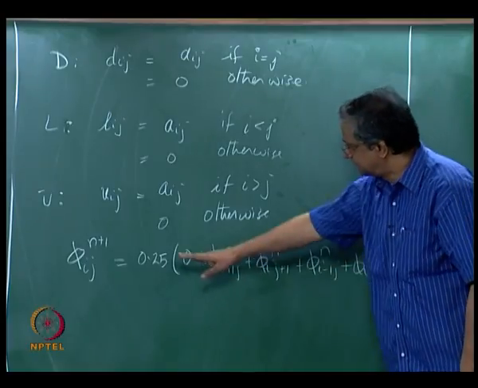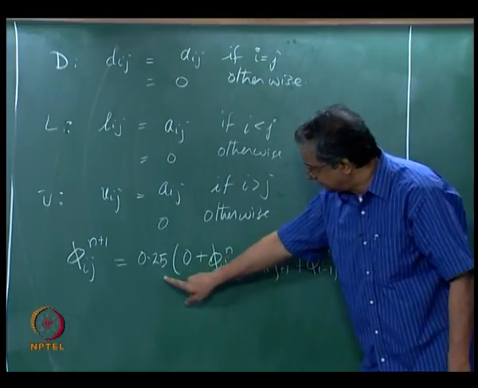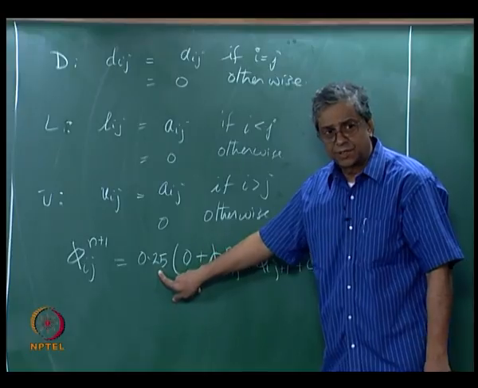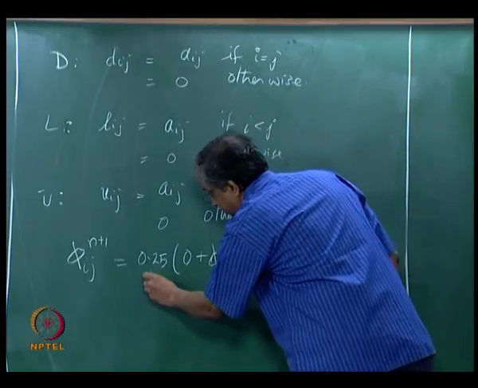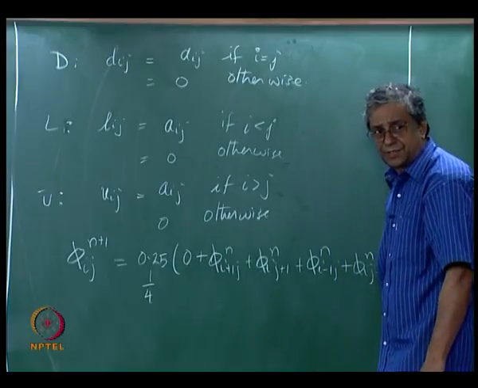Okay, so if I look at this Jacobi iteration, what is this 0.25? That's 1 divided by 4, which essentially corresponds to D inverse.